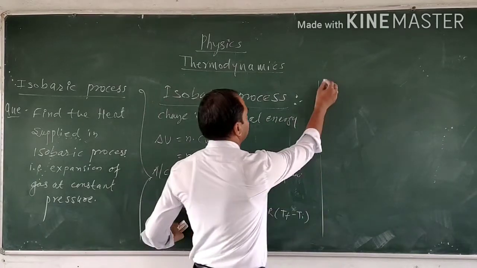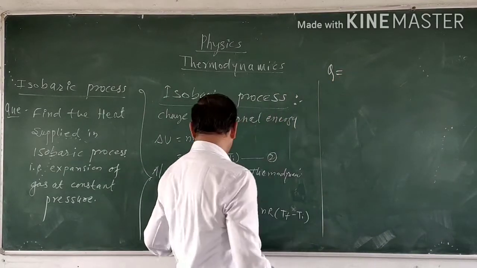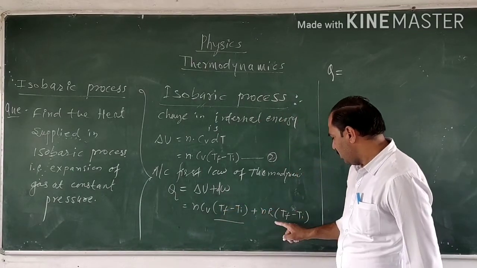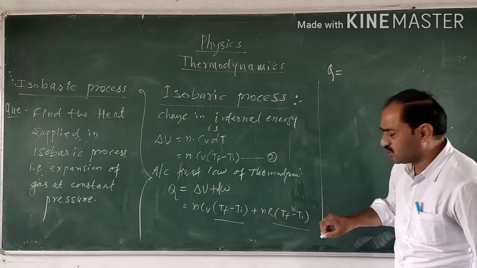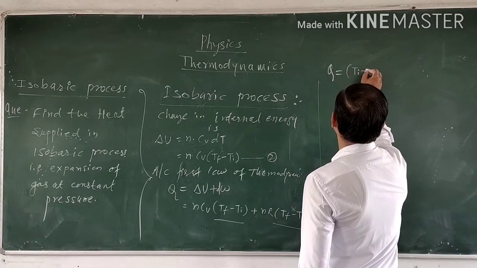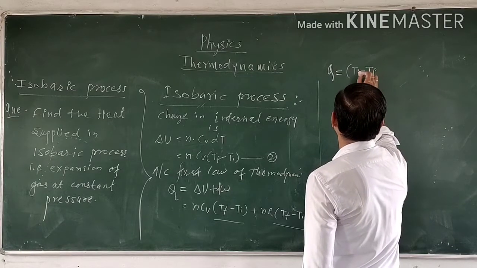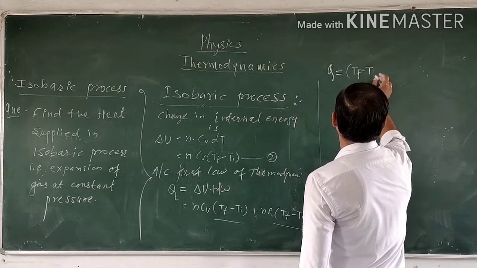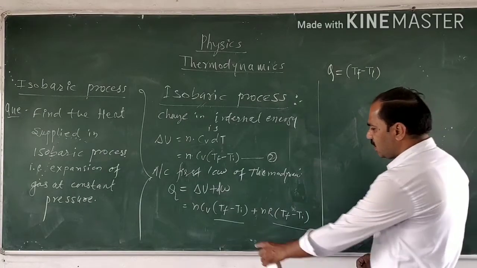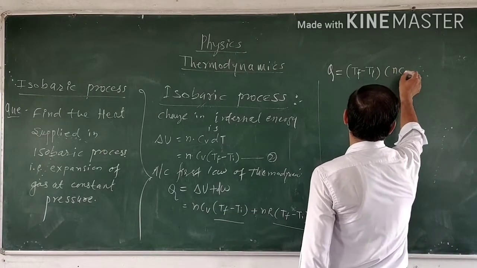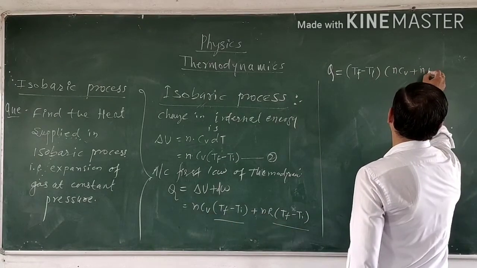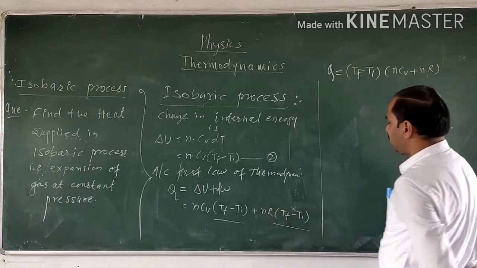Q is equal to n Cv, but here Tf minus Ti is also common. So the common term Tf minus Ti can be taken in one bracket, and the remaining term, that is n Cv plus nR, in another bracket.